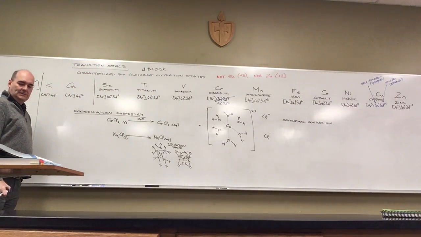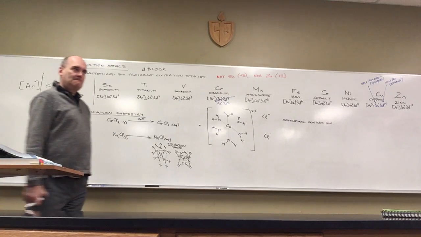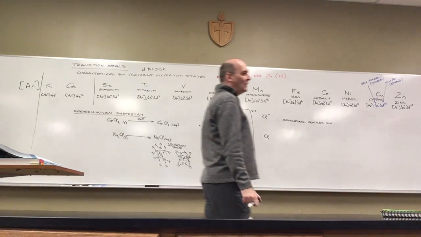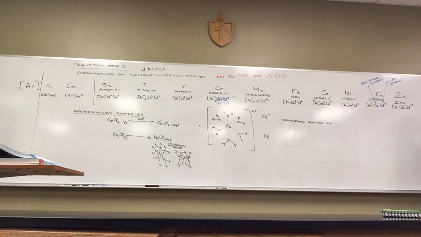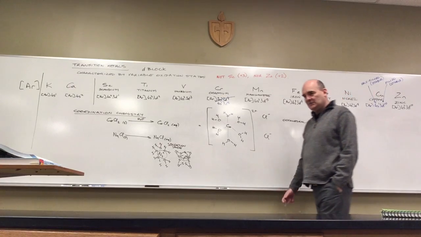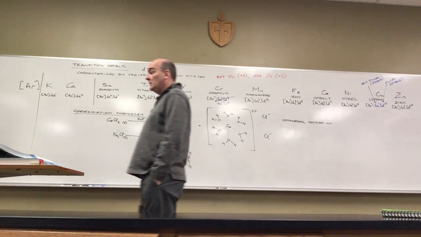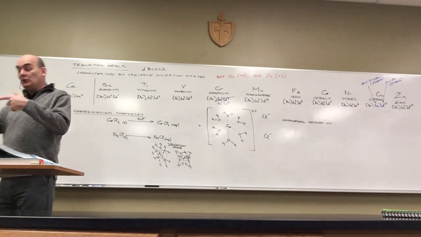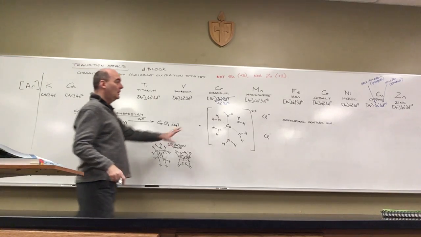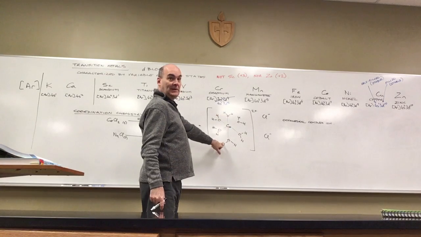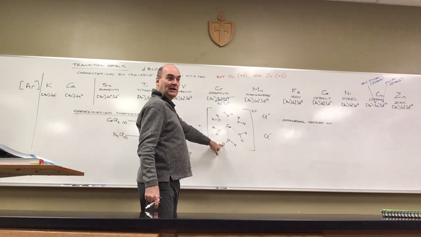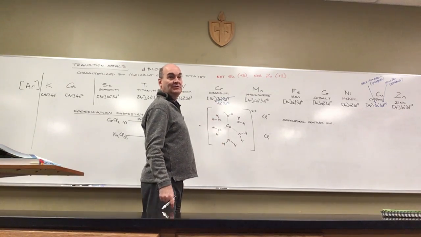The waters, not really, they're not bonded to the cobalt, but they are attracted, and they are there. Now they can switch out with other water molecules, but there's going to be a water molecule here, and there's going to be a water molecule directly below it and at 90 degrees around it.